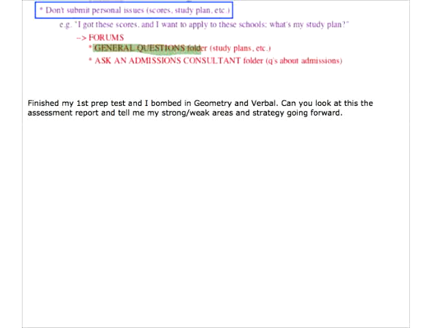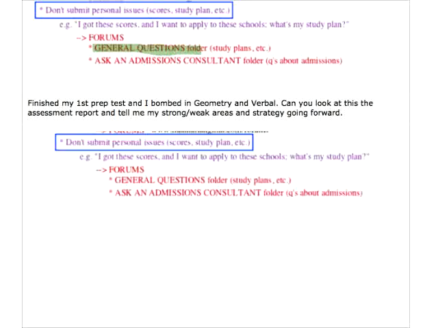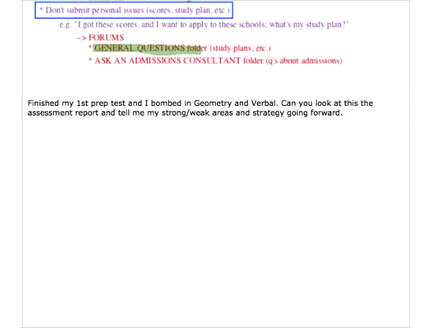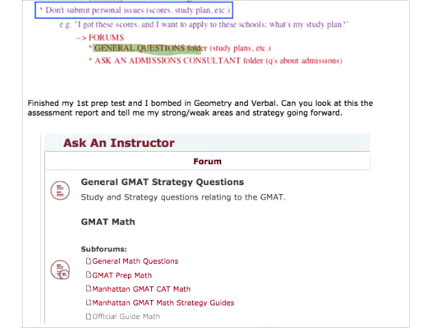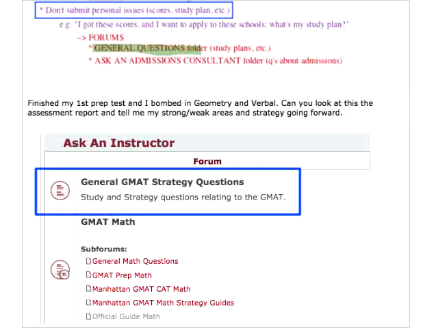Okay, it's the very, very first folder actually on the entire forum. So this is where you should post these things. It's the wrong graphic. Okay, you should post them here. General GMAT strategy questions. So general folder, when we say the general folder, this is what we mean. Study plan questions go here.